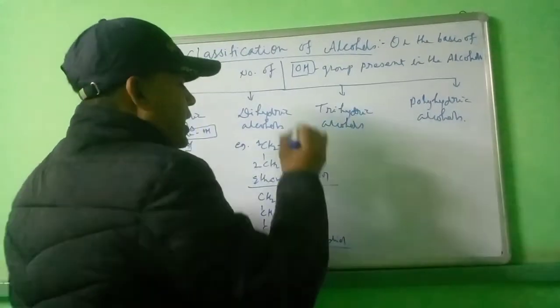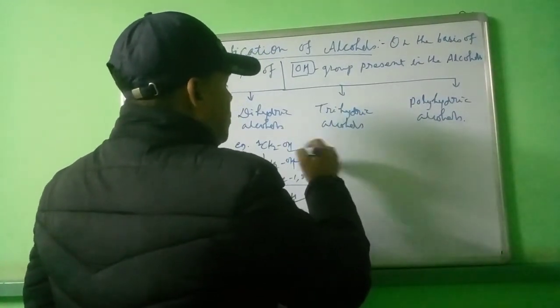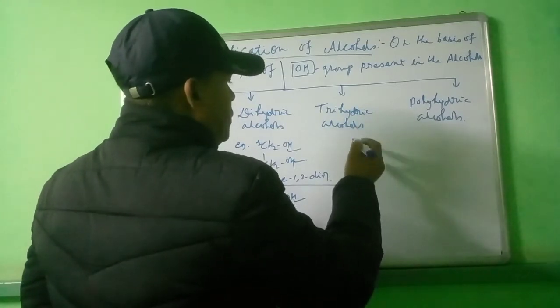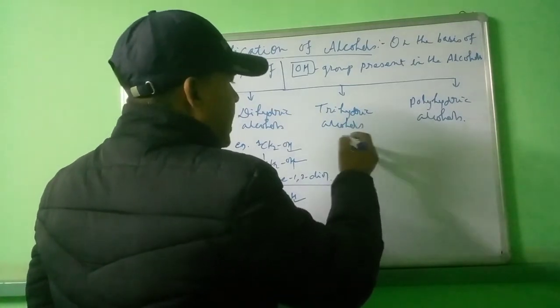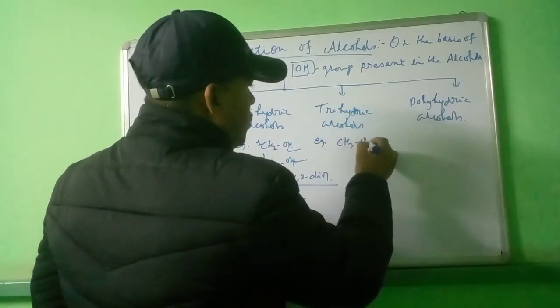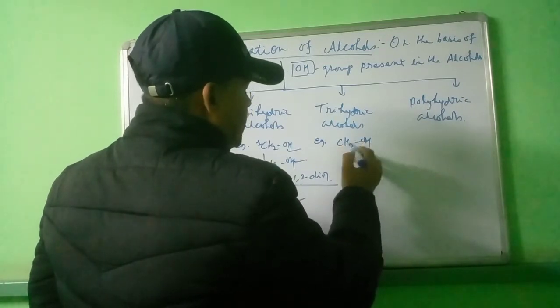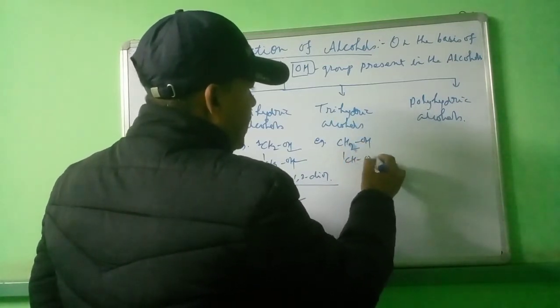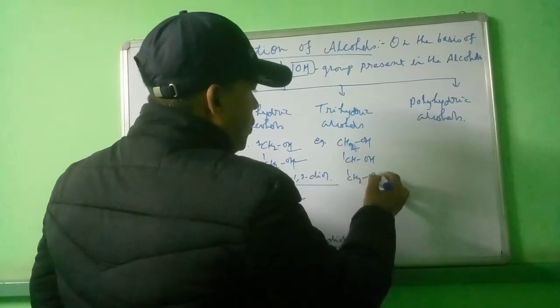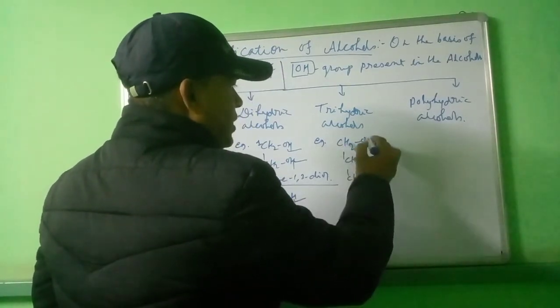Okay. Now trihydric alcohol. So tri means more than 2 OH groups, then we can say it is a trihydric alcohol. For example, CH2OH, CHOH, CH2OH. Okay, so this has 3 carbons and 3 OH groups.